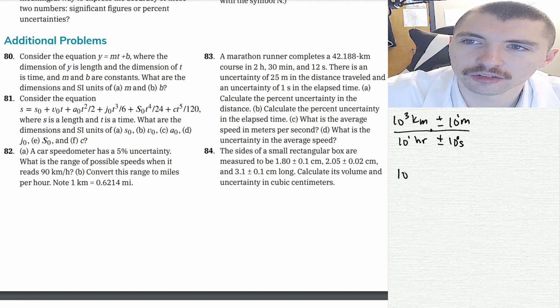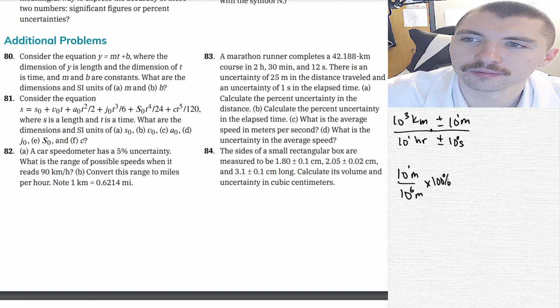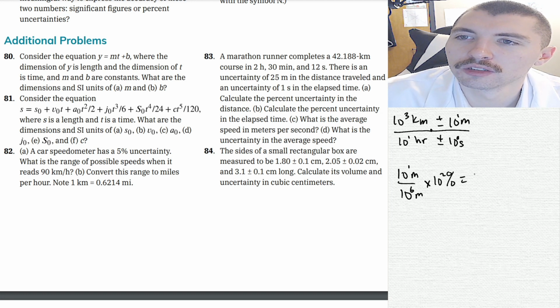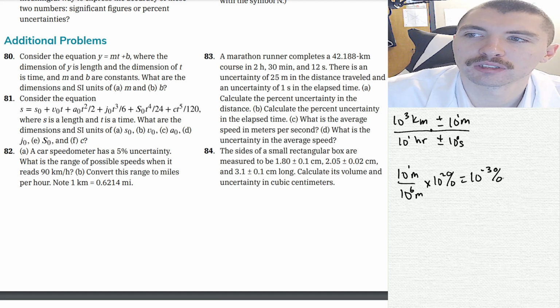Percent uncertainty should be, what, 10 to the 1 meters over 10 to the 6 meters times 100%, right? Times 10 to the 2%. So it's going to be 10 to the -5 plus 2, 10 to the -3%. Okay, meters.